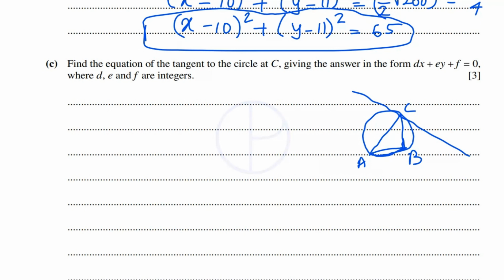Okay. Now we know the coordinate of C. The angle between the tangent and the radius is 90 degrees. Okay. So the tangent at C is perpendicular to the radius.